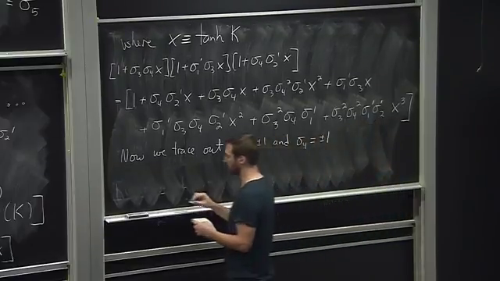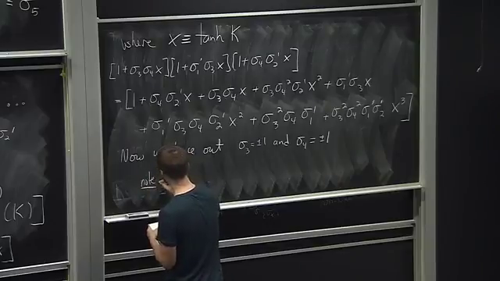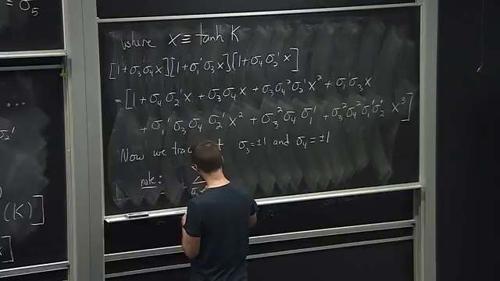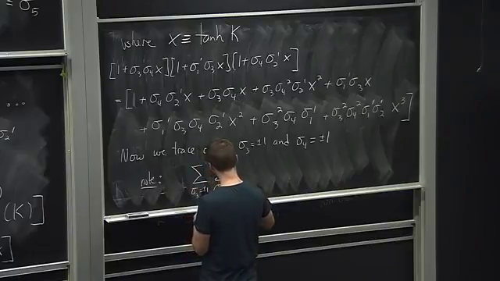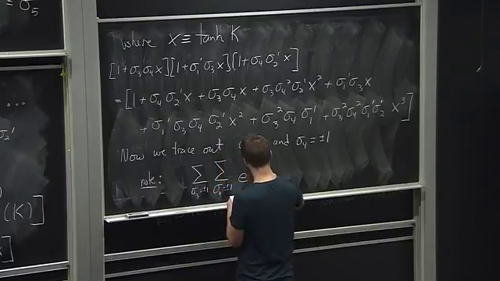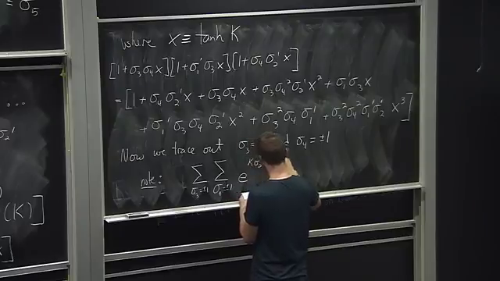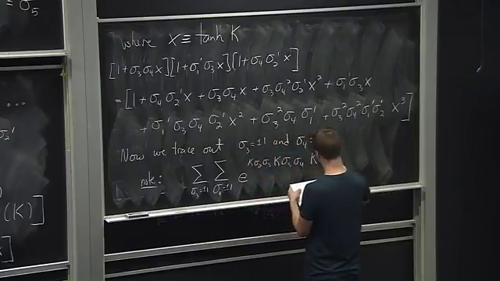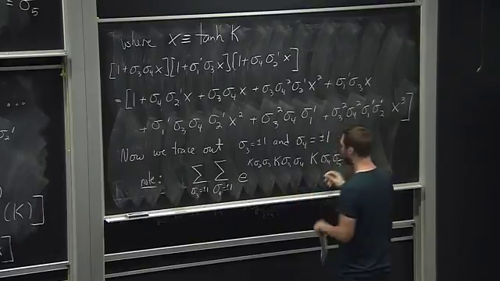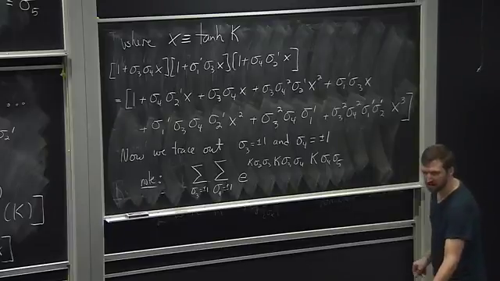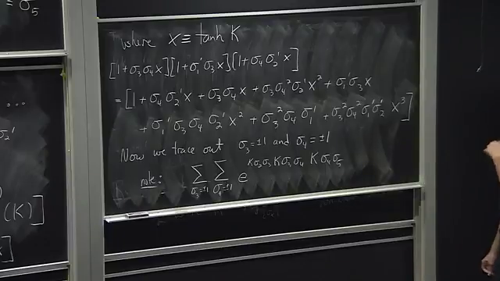So just note what I'm doing. It's a sum over sigma 3 equals plus minus 1, and another sum over sigma 4 equals plus minus 1, and this is the original term, and all I've done is relabel 2 and 5. That's the partial trace over those degrees of freedom.